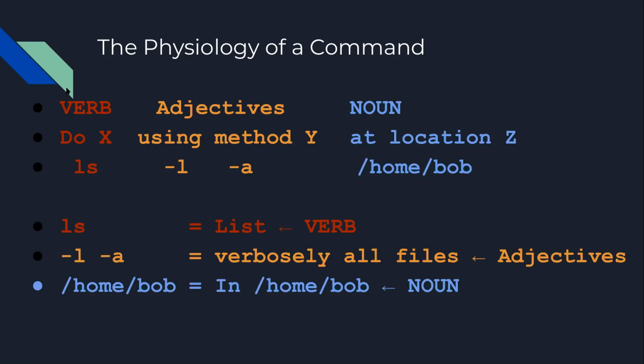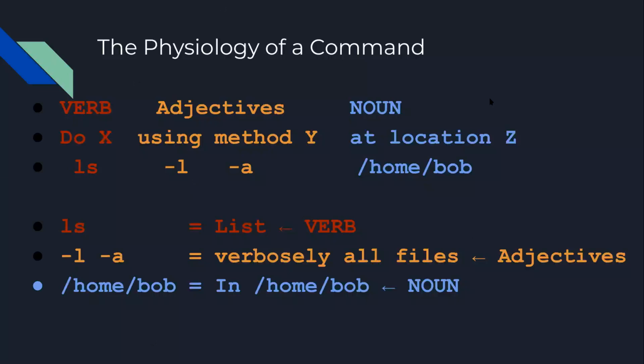Usually a command can be broken up into effectively an imperative sentence. It's got a verb, adjectives, and a noun. So effectively commands can be stated as do X using method Y at location Z. So in the case of that ls command, it's list verbosely all files in /home/Bob.